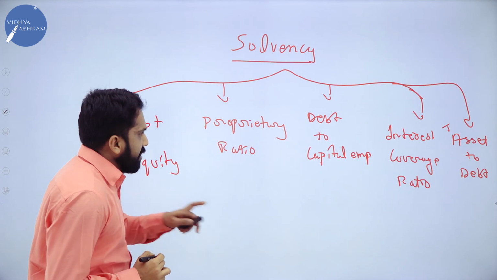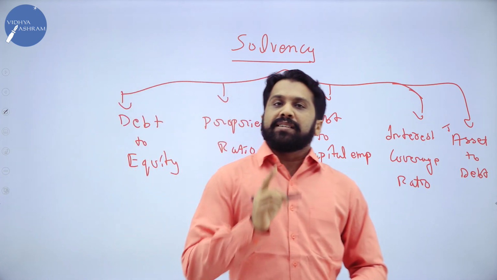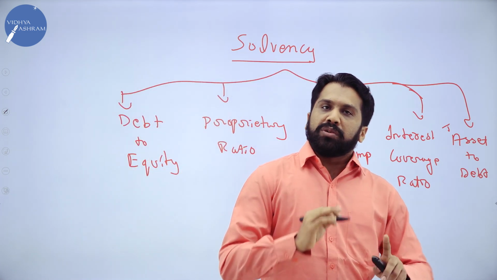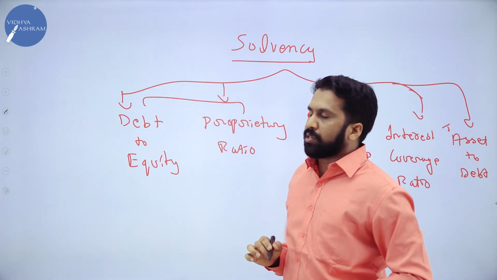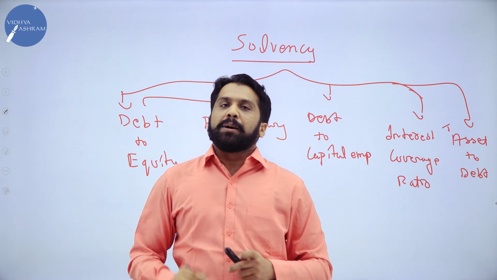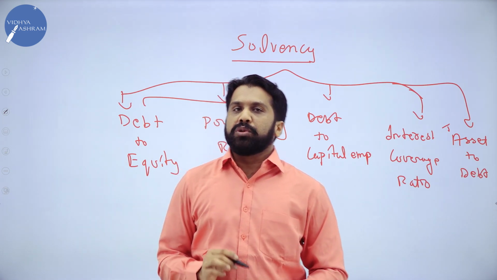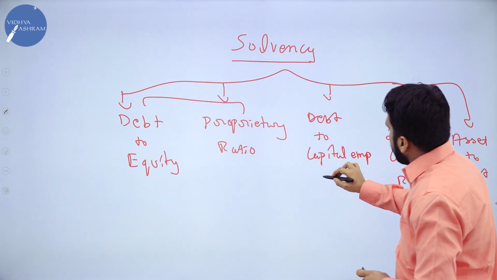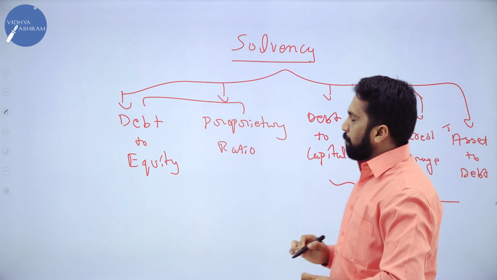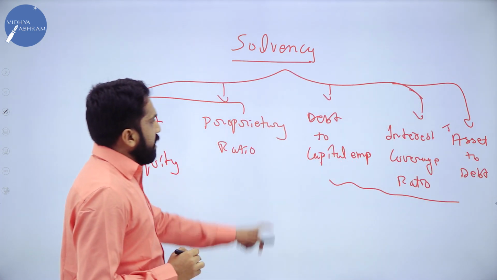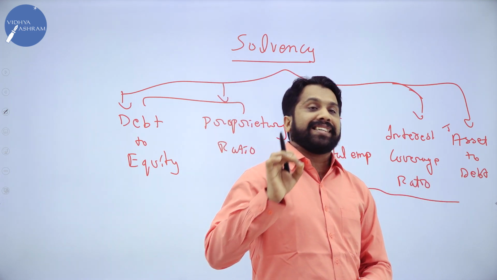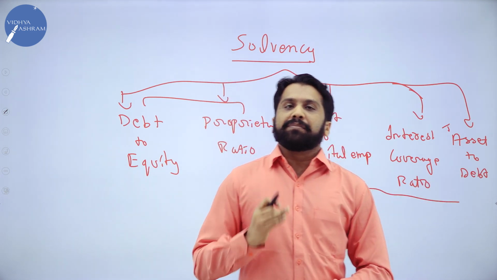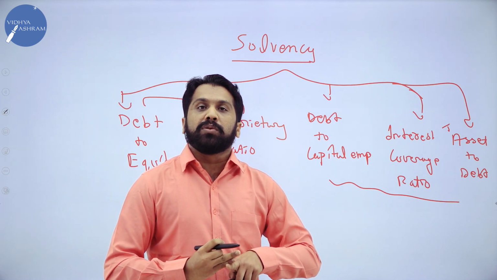These are the sub ratios which come under solvency ratio. Now, we have already done problems on these two, debt equity and proprietary ratio. Now, we will solve problems on debt to capital employed, then interest coverage ratio, and the last part is asset to debt. Debt means long-term loans.